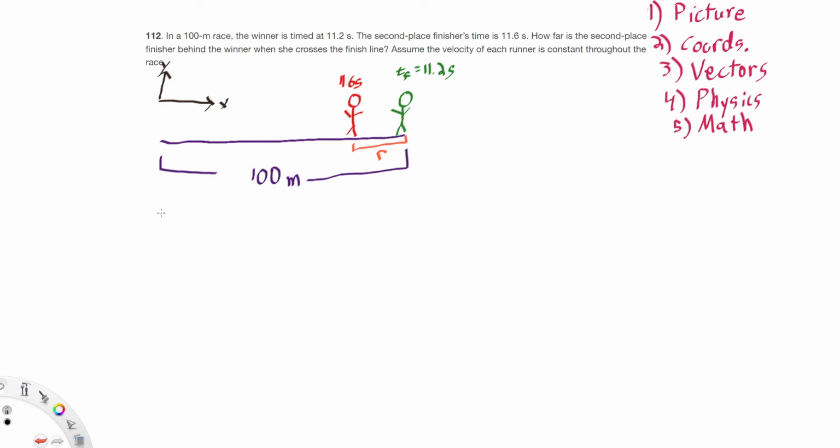So we'll pull that out. Notice I'm not putting any vector hats on anything this time because we just have a one-dimensional problem. Everything is just in the x direction. Do we have any questions so far?